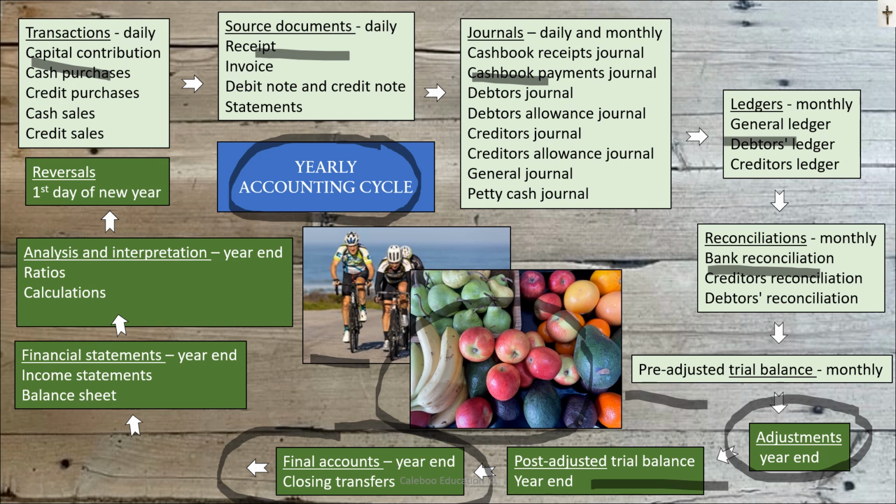Final accounts were drawn up, and now we're at a stage where we're able to calculate the value of the assets at the end of the year and the value of the liabilities at the end of the year, and therefore with those values we can calculate what the owner is worth according to our books.